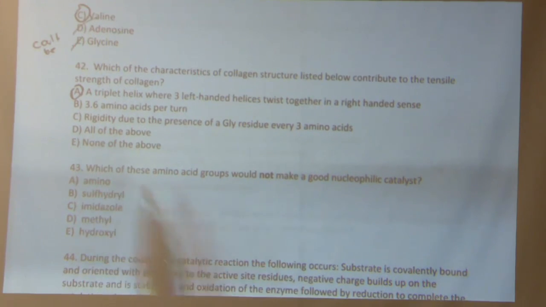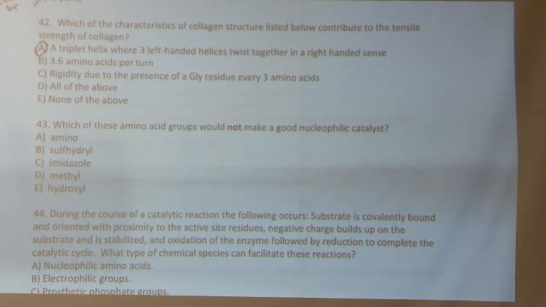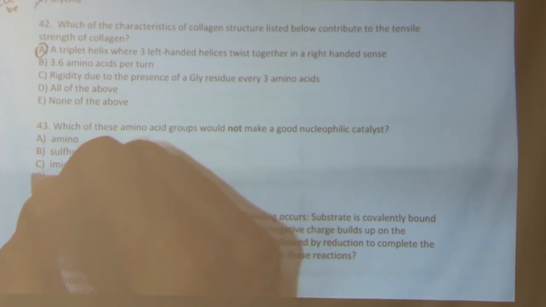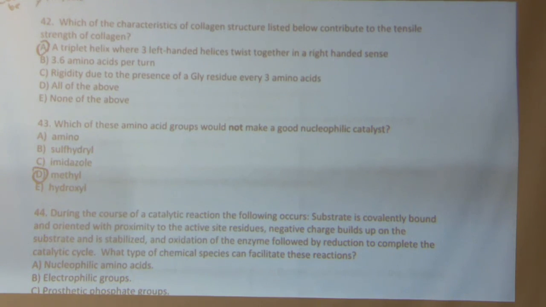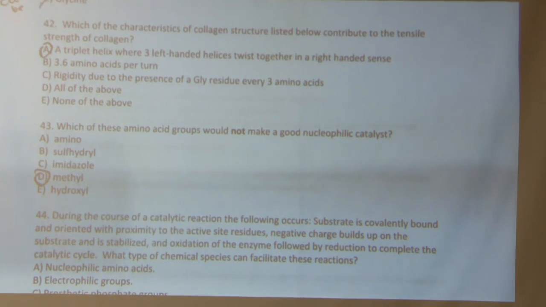So 43, which of the following amino acid groups would not make a good nucleophilic catalyst? The methyl group? That's correct. So 44, during the course of the catalytic reaction, the following occurs: substrate is covalently bound and oriented with proximity to the active site residues, negative charge builds up on the substrate and is stabilized, and oxidation of the enzyme followed by reduction completes the catalytic cycle.